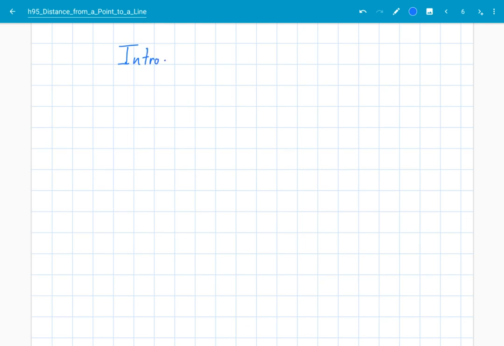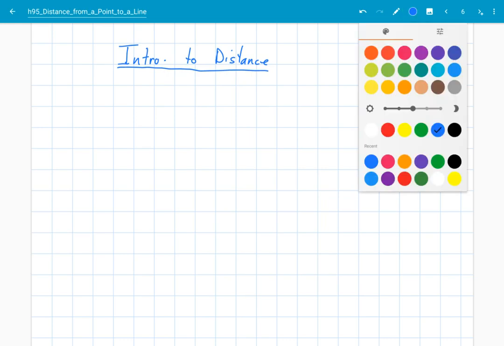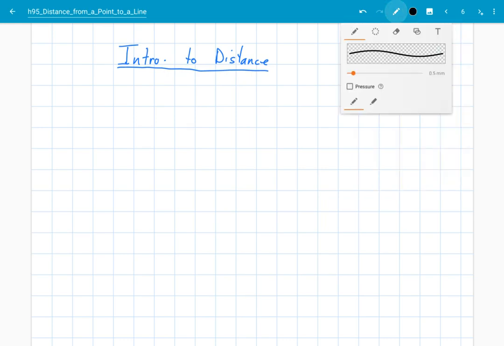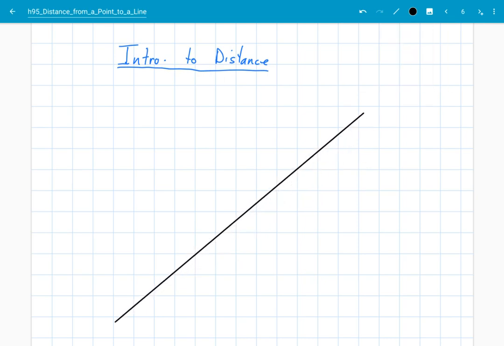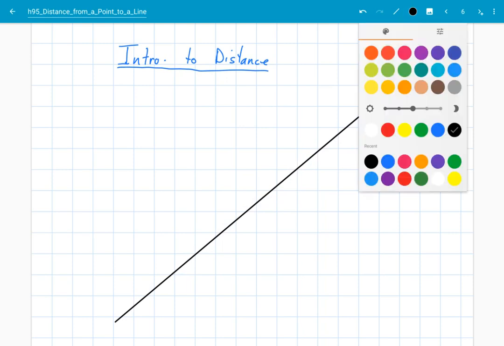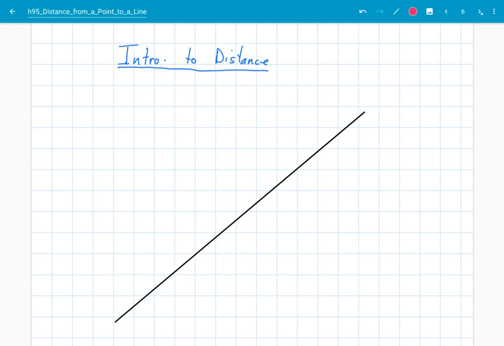So we're going to start off with an intro to distance, and I hope this makes it all make more sense. So let's draw, we're talking about distance to a line or a plane. So here we go. Here is a line. Okay. And then we want to know how far away this point is right here. We'll call it P1.